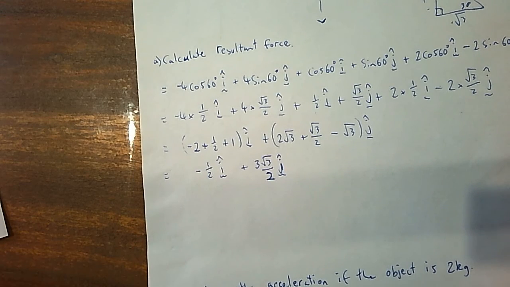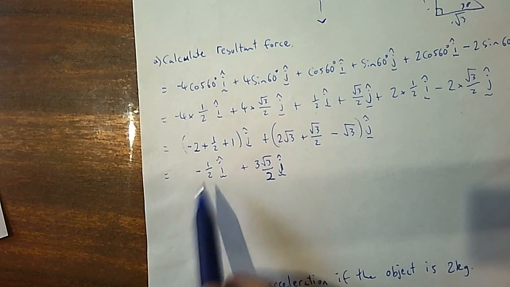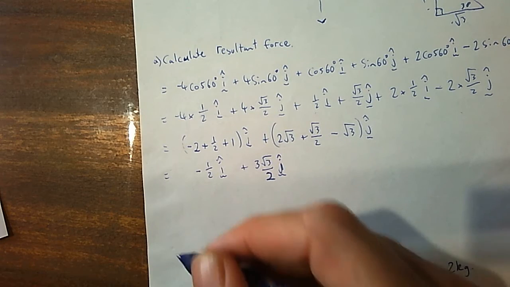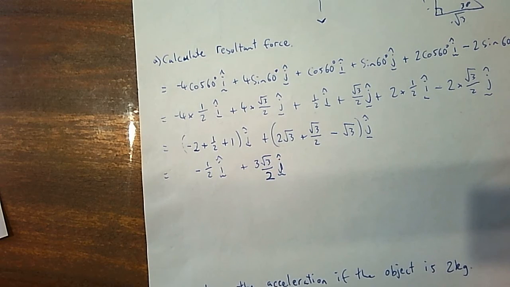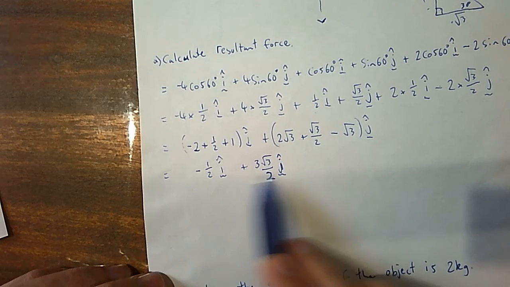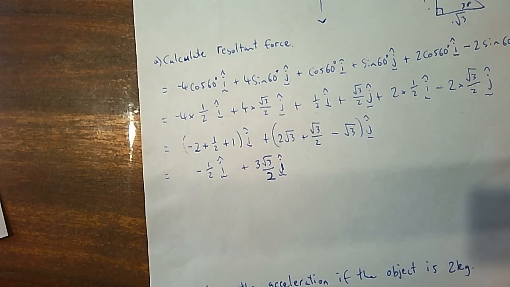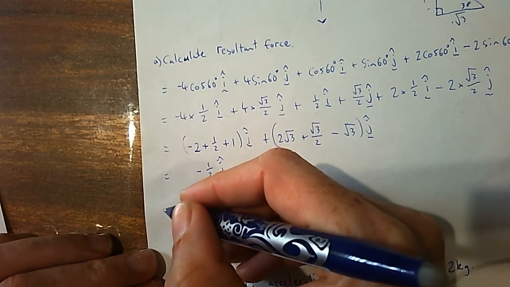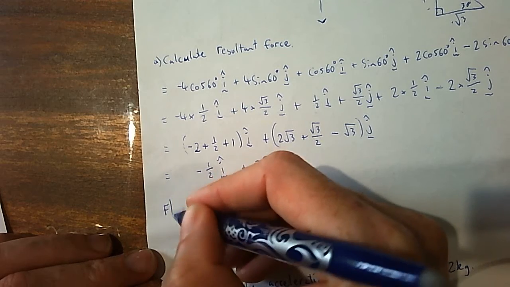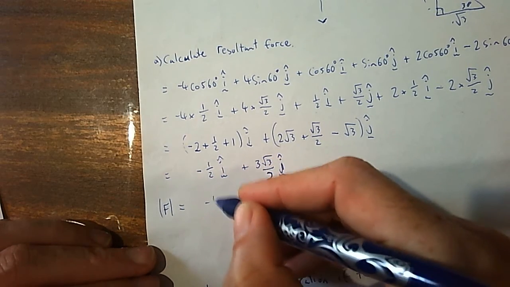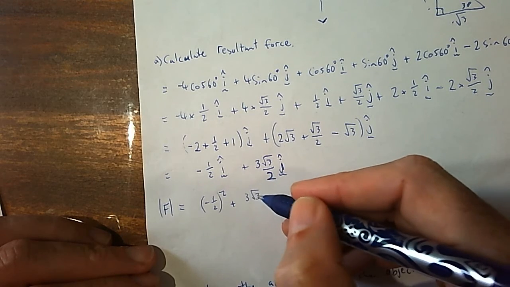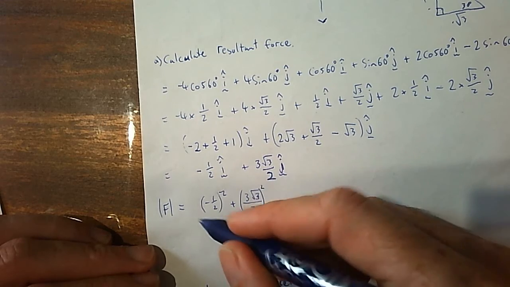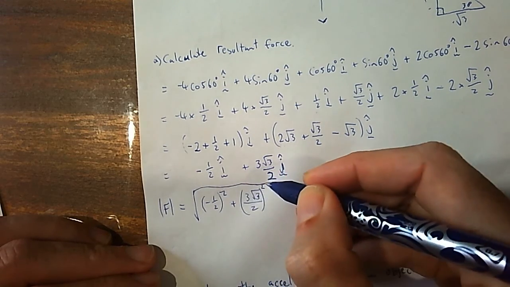Now if I want to know the magnitude of this force, I really need to look at squaring each one of these and square rooting, because I don't want the I and J components anymore. I want the resultant force, and I should be looking at the angle as well. So if I want the magnitude of this resultant force, it's equal to a negative a half squared plus 3 square root of 3 on 2, that's all squared as well, all square rooted to give me the magnitude of that force.